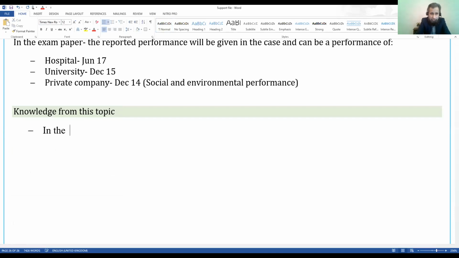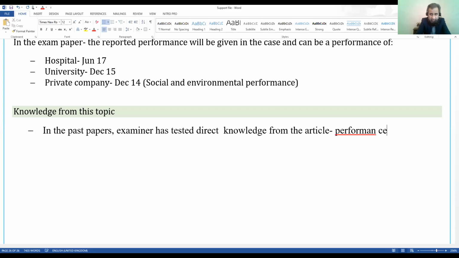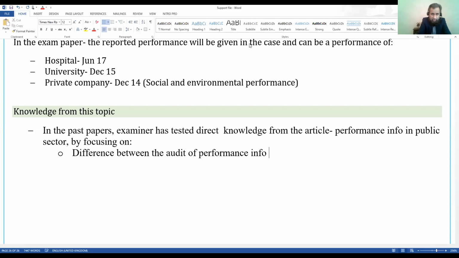In the past papers, the examiner has tested direct knowledge from the article, audit of performance information in public sector, by focusing on, number one, difference between the audit of performance information and performance auditing.